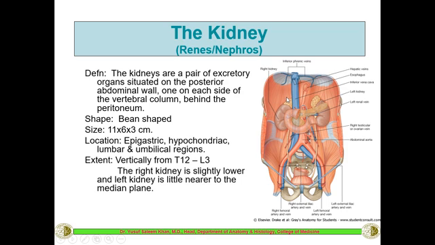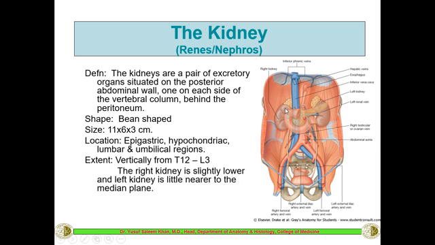If you study the development, the kidneys are actually in the pelvis during development. They ascend upwards, and on the right side they are held in position by the liver in the right hypochondrium. So they cannot ascend more than that.